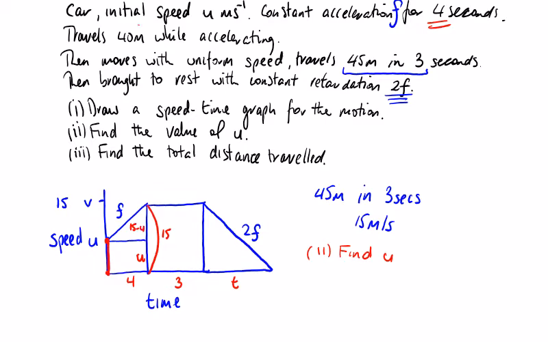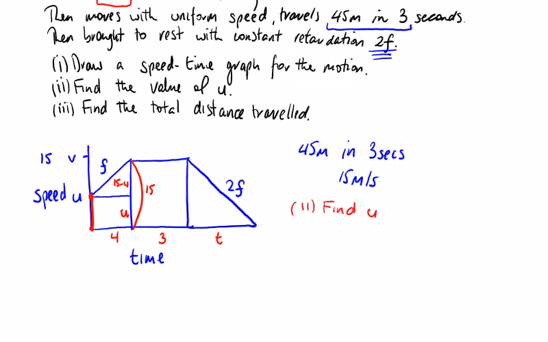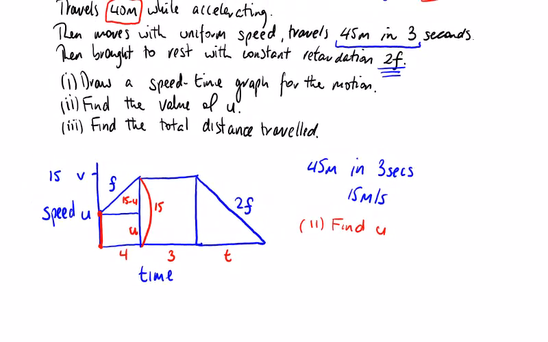And they tell us 40 meters was traveled in this time. So the area of the two shapes is equal to 40. So we have 4 times u plus half the base by the height. Half the base is 4 and the height is 15 minus u. Has to be equal to 40.